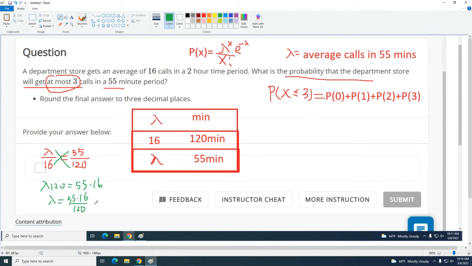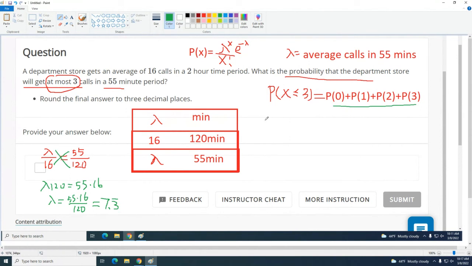Okay, what do we have here? 7.3, and is there anything after? Oh, 7.333. So let's leave it at that. So that's our lambda. So with the lambda, we can start calculating all these.